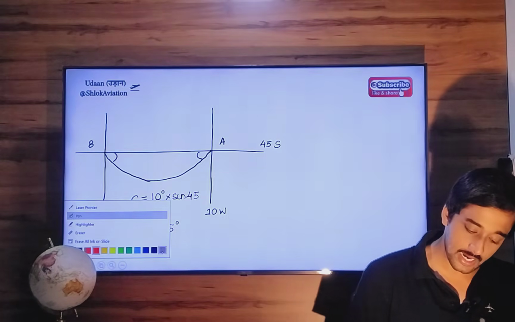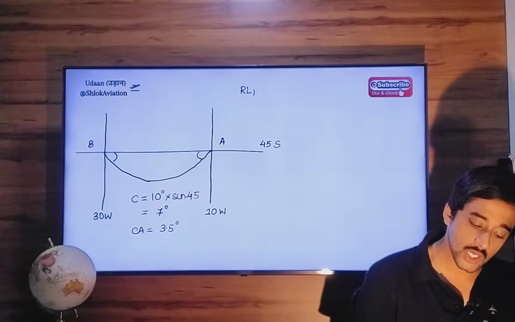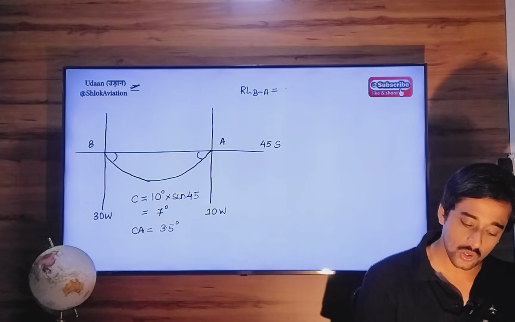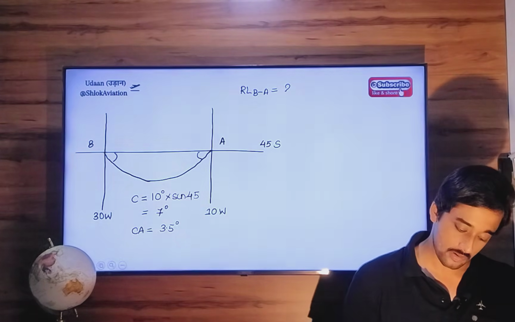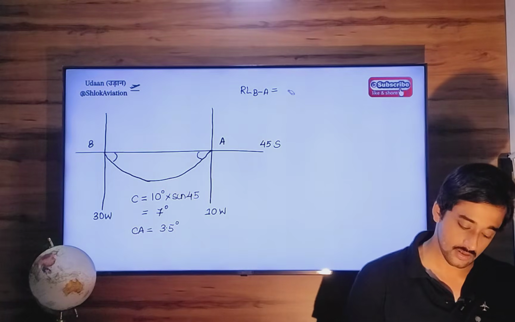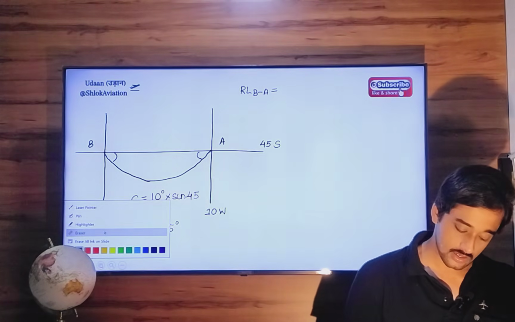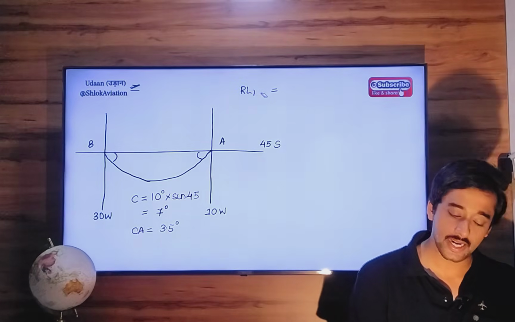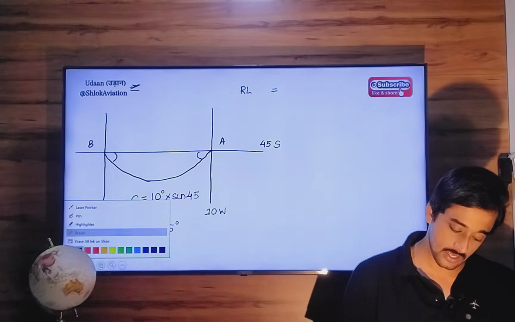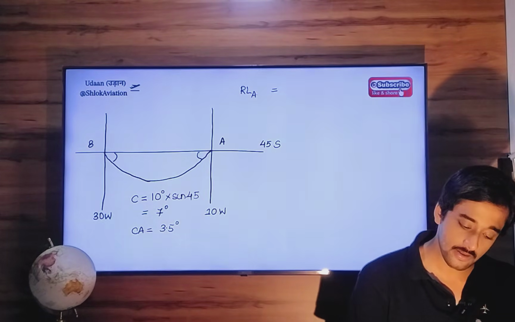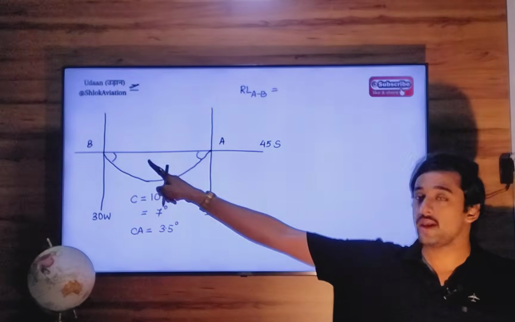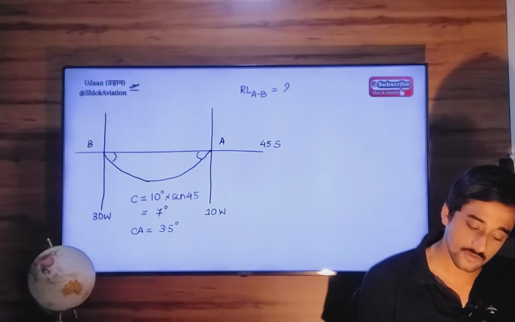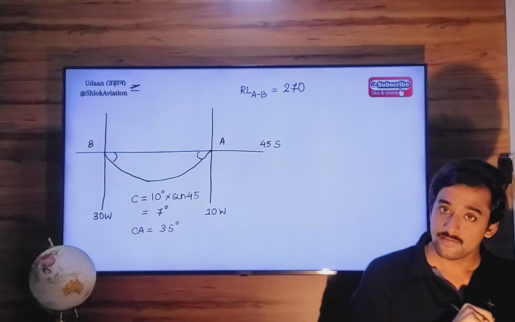Now, we will find rhumb line track A to B because we have to find the destination. So rhumb line track A to B is 270.